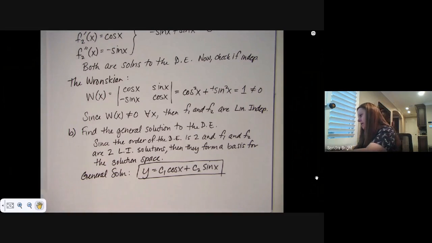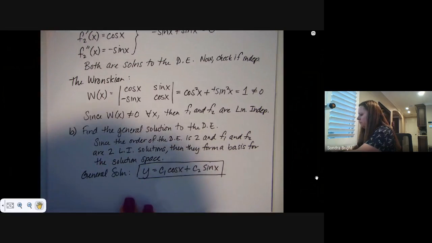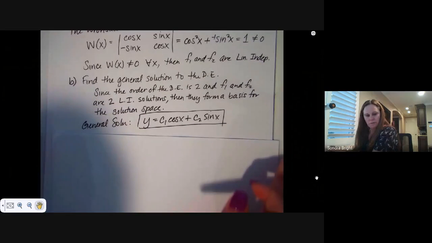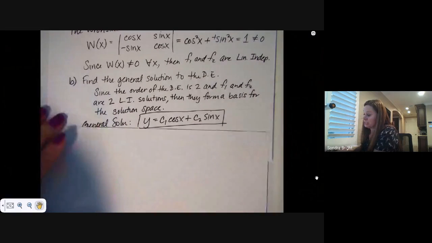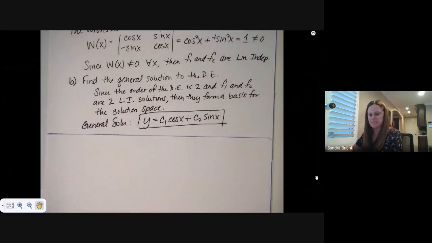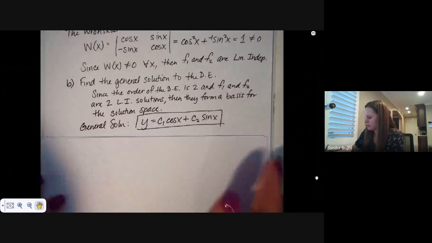Then part C wants us to find a particular solution, and they give us some particular values. They're not the initial ones, but they give us some. If they want you to find the particular solution, then they'll give you some values.